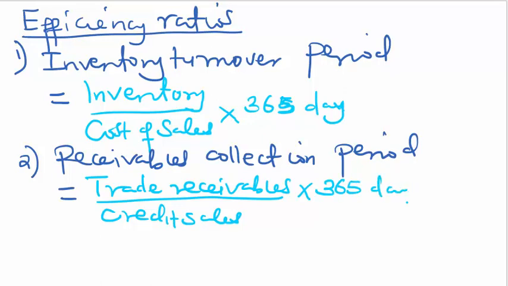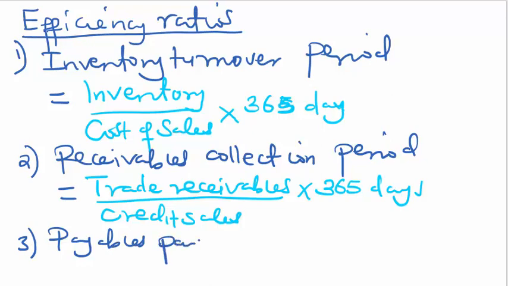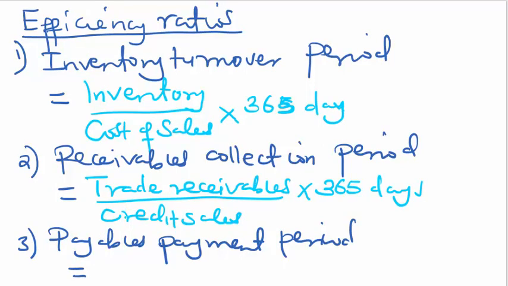The next one you want to look at is payables payment period. The payables payment period is calculated as your trade payables divided by your credit purchases, multiplied by 365 days.